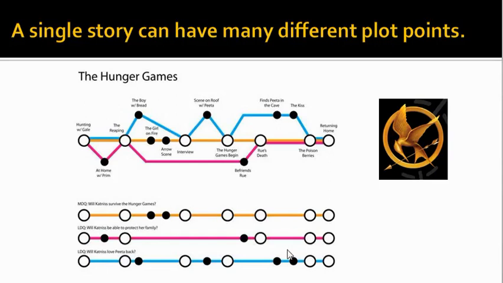And then the blue line follows the storyline of, will Katniss love Peeta back? So within one story, there's actually 3 different storylines or essential questions going on as you read. All of the rising action and falling action happens within different times of the story. This helps to keep the reader's interest and makes the story more exciting.